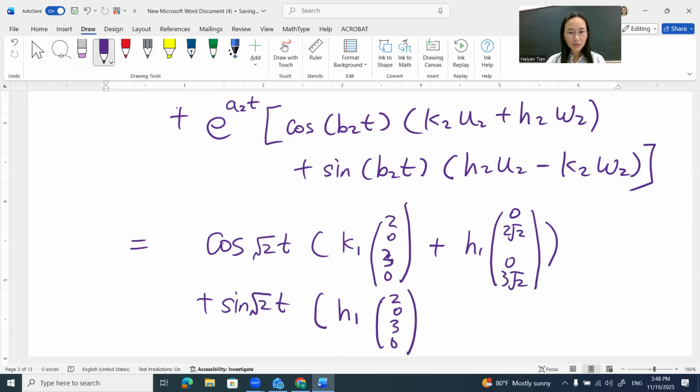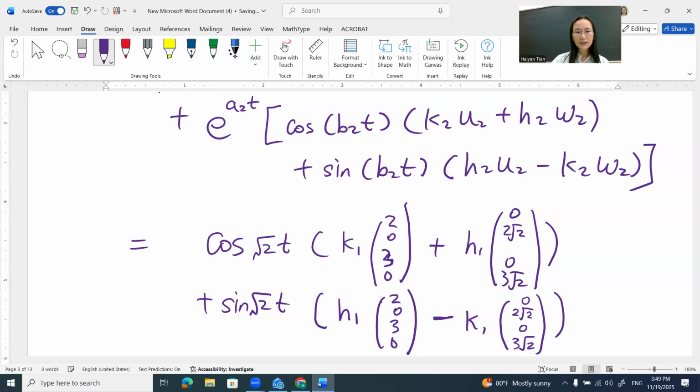But notice that h1 is in front of this. It's all from the derivation, so we have this form. For that reason, h1 minus k1, where k1 is the same k1 as that one, times w1. W1, I simply copy the w1 we already had here.